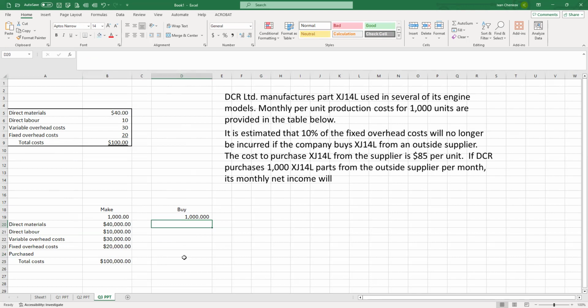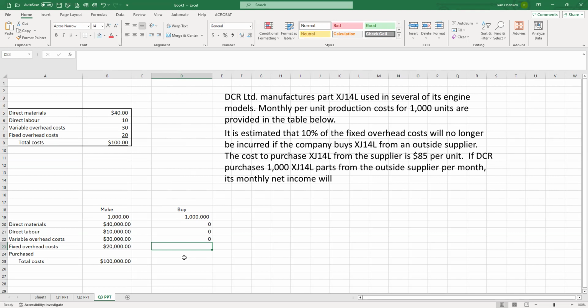So insert here the purchase price. If I buy it, how much will be my direct material? Zero. How much will be my direct labor? Zero. How much will be my variable overhead cost? Zero. How much will be my fixed overhead cost? It's estimated that 10% of the fixed cost will no longer be incurred if the company buys from the outsider.